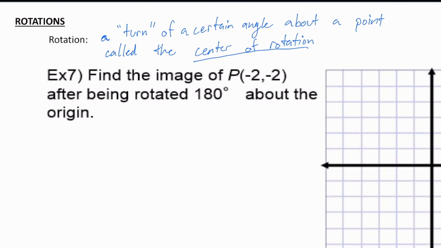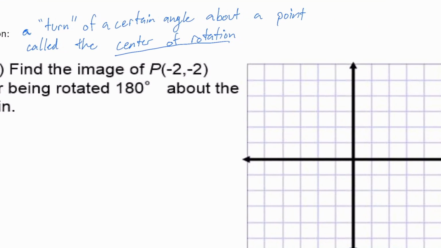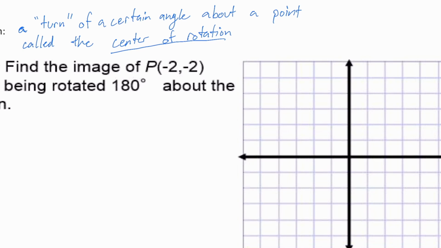Another thing to keep in mind, we'll slide over to the side here to give a little more space, is unless otherwise specified, we typically assume rotations to be counterclockwise.